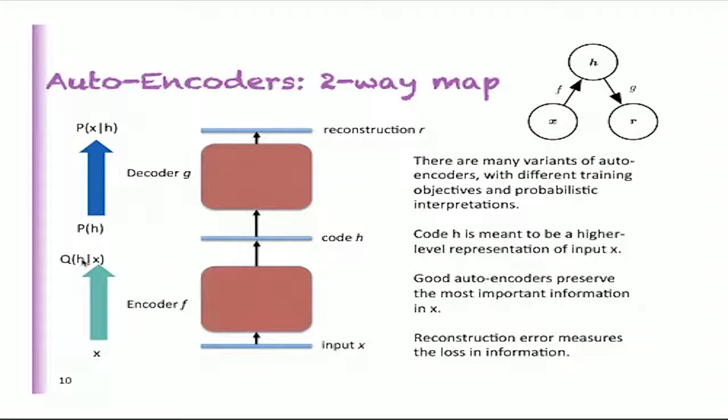Maybe there are multiple interpretations for the same image, and we are going to allow the representation to capture all of these interpretations. Similarly, given a particular representation, maybe there are different ways of expressing it as a low-level representation. So the mapping from code H to pixels X could also be probabilistic.